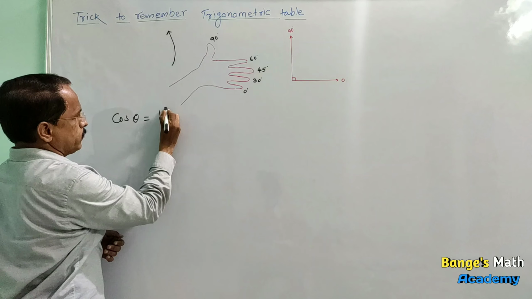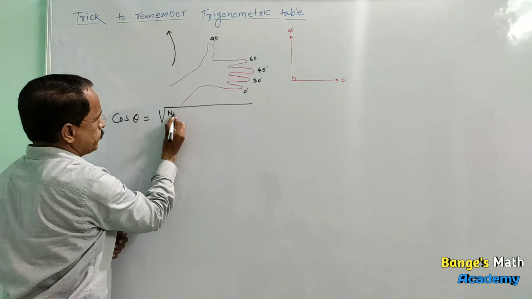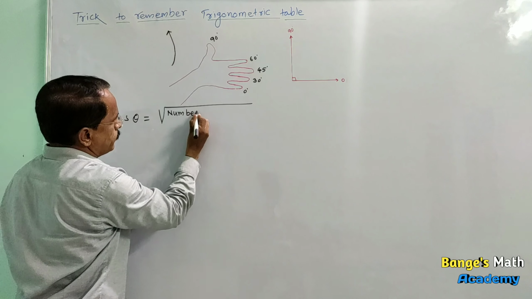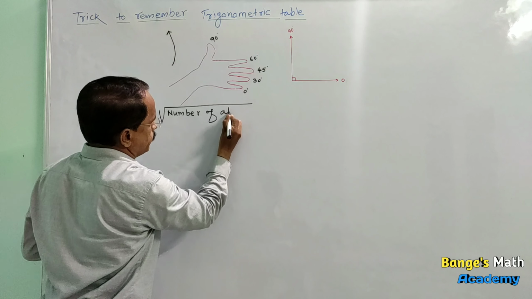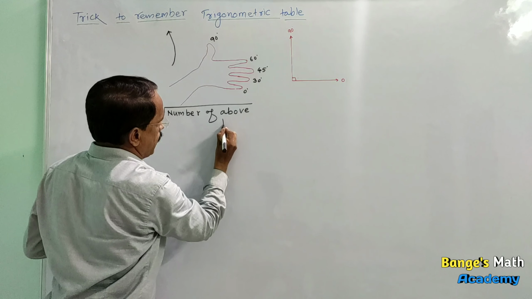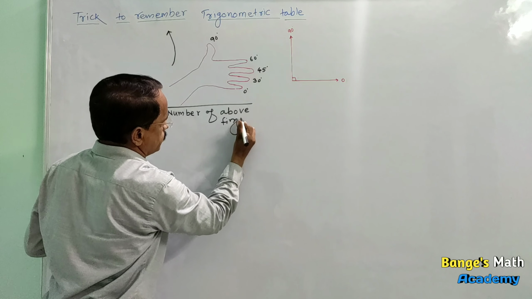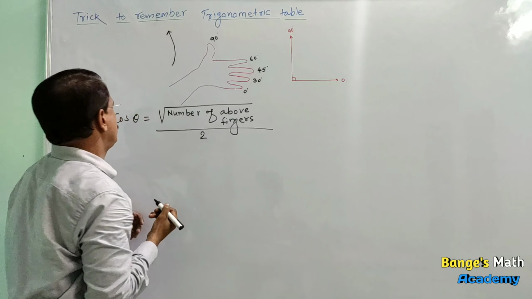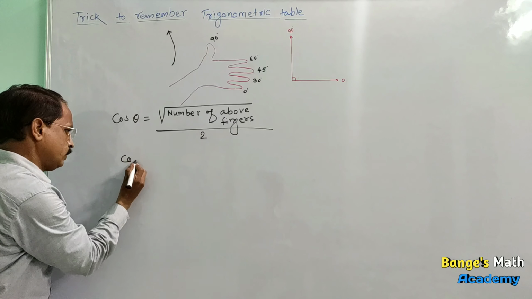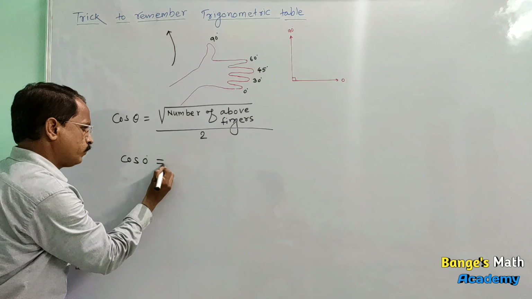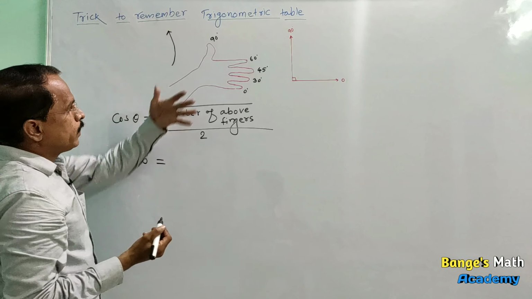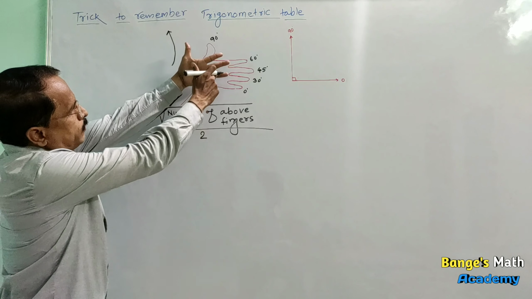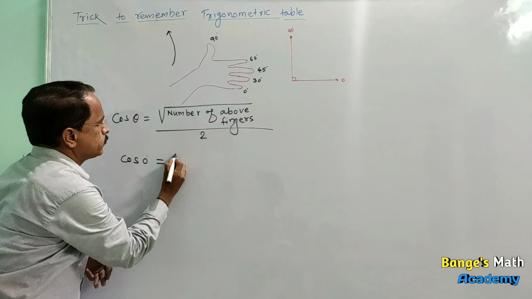Cos theta is equal to square root of number of above fingers upon 2.